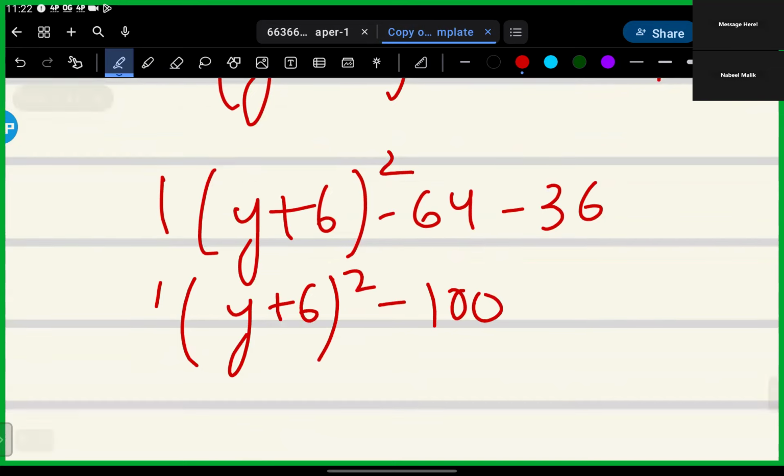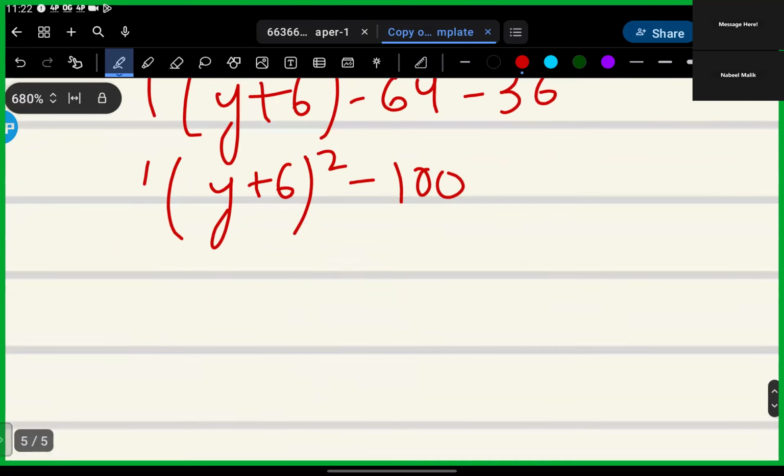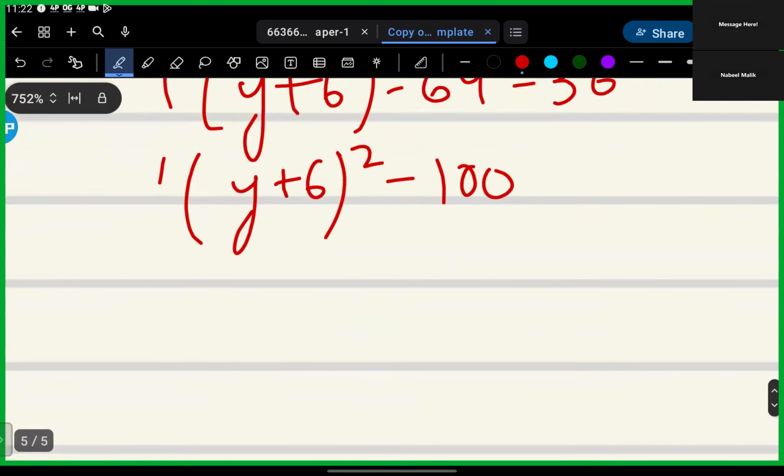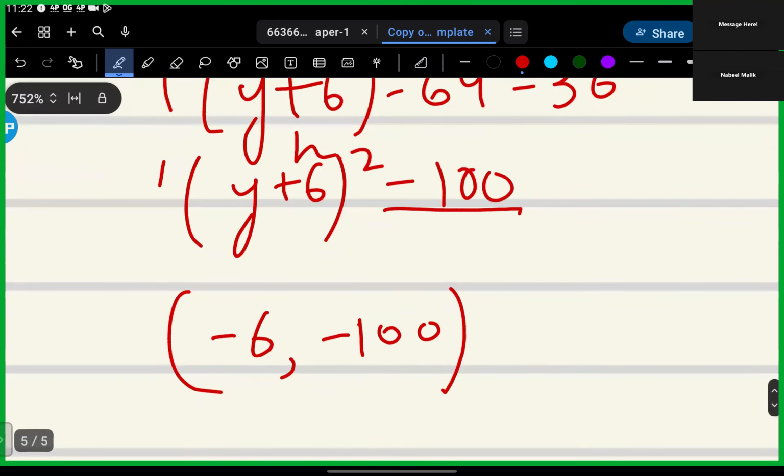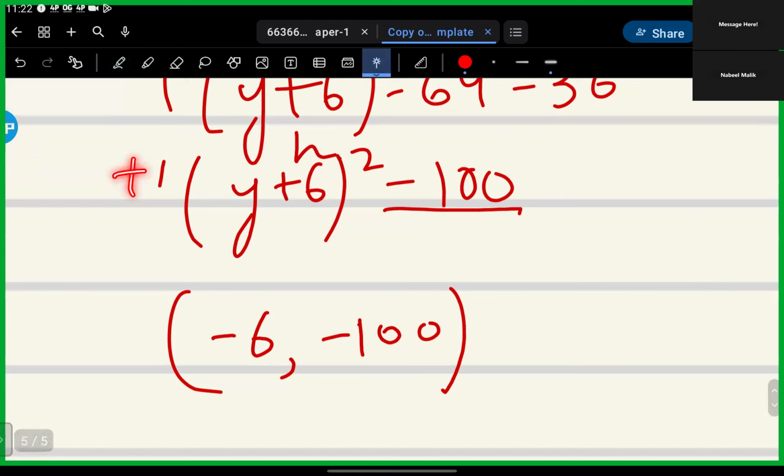Now what's your h over here? Just change the sign. Always change the sign. This is going to be minus 6. And what's the k over here? It's minus 100. Is it a maximum or a minimum curve? It is a minimum curve. Why? Because it's positive.